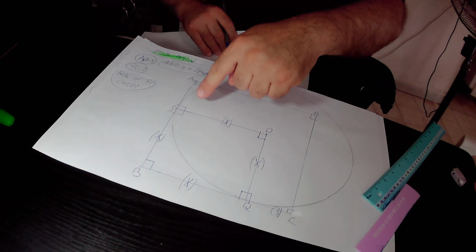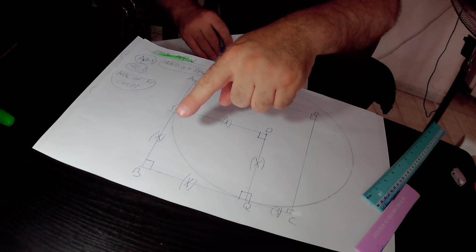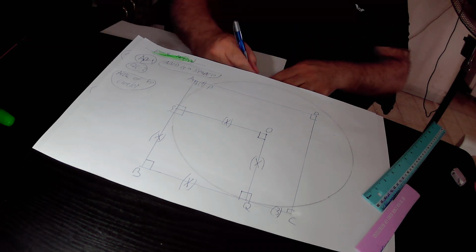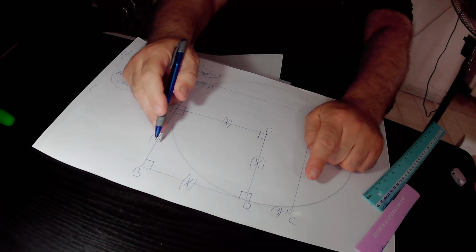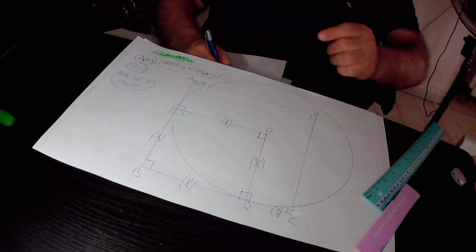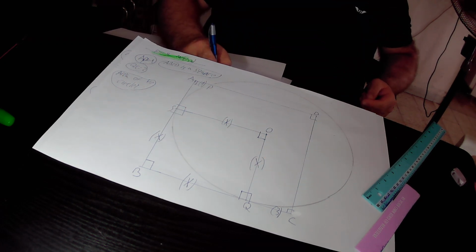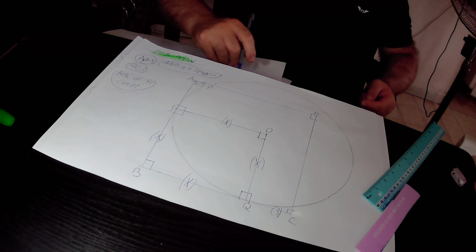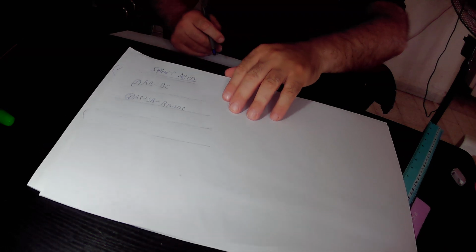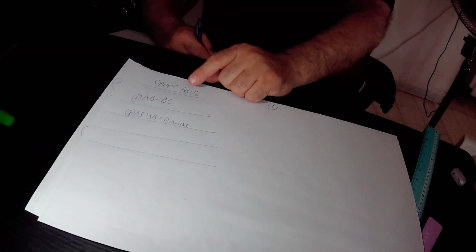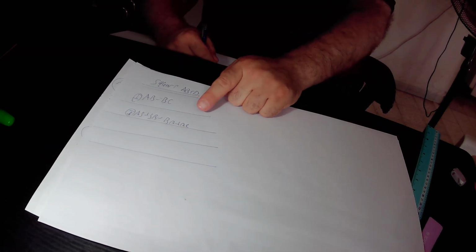AB equals AS plus SB, and BC equals BQ plus QC. So in total, according to equation 1, we found out that AS plus SB equals BQ plus QC.